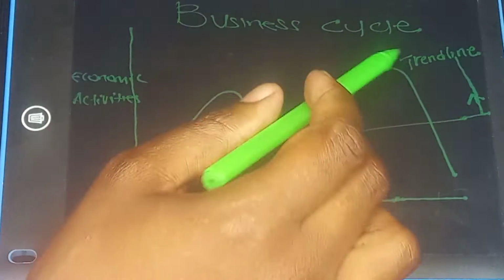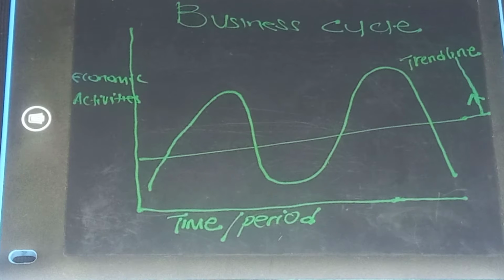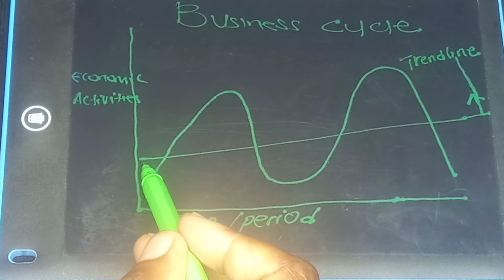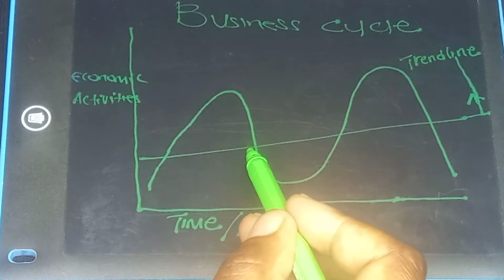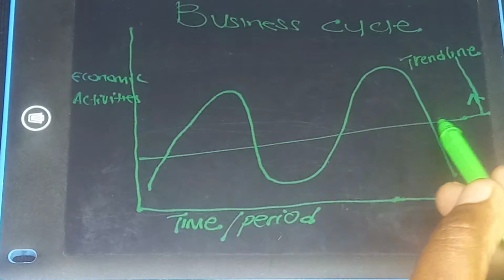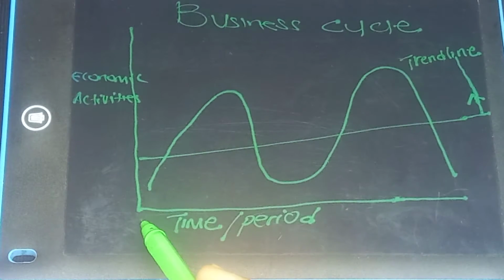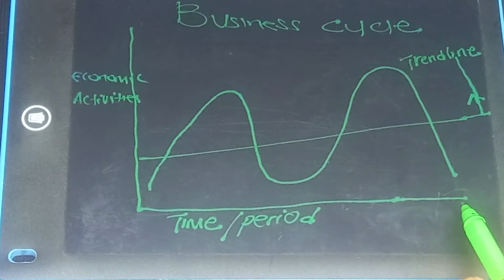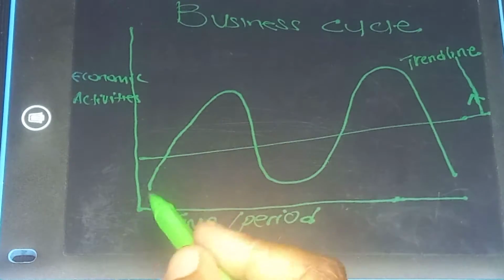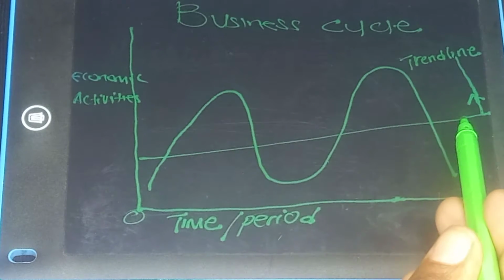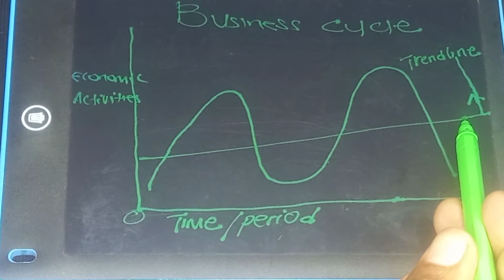Now, the trend line is very important because it shows us the direction where the economy is going. As you can see, the economy was here. It moved up. If we could have written the time or the years here, it will show us that from 0 period, it has grown until this far.